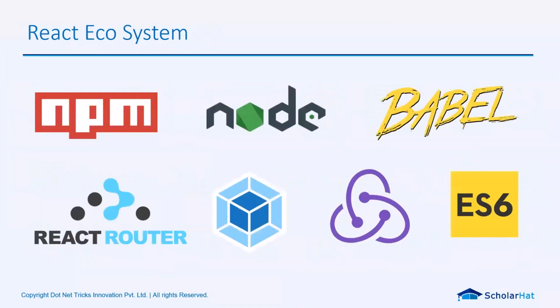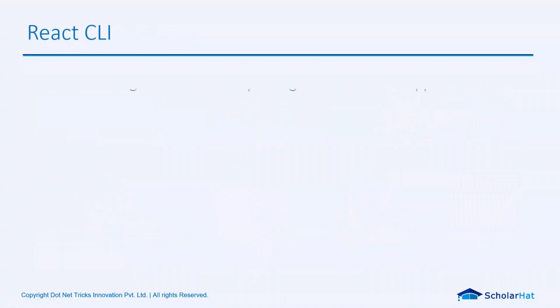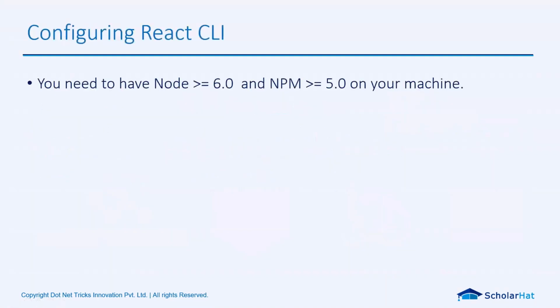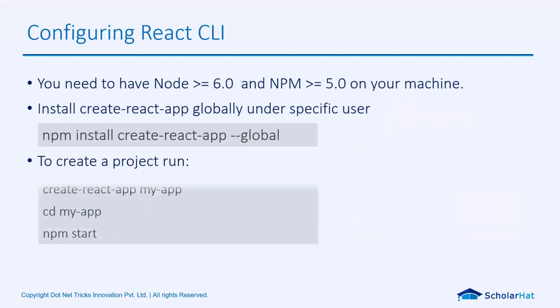When it comes to the React.js ecosystem, we have NPM, Node.js, Babel, React Router, Redux, ES6, Webpack, and many others. To get started with React, we need the React CLI so that we can create the React application.